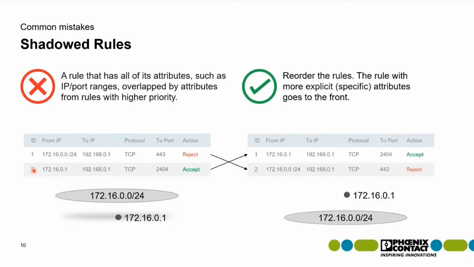So you have to reorder the rules. The rule that has more specific, or we say explicit, attributes should go to the front so that they can be executed. This avoids this kind of shadowed mistake.